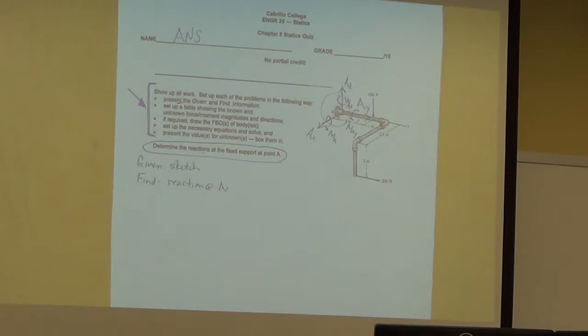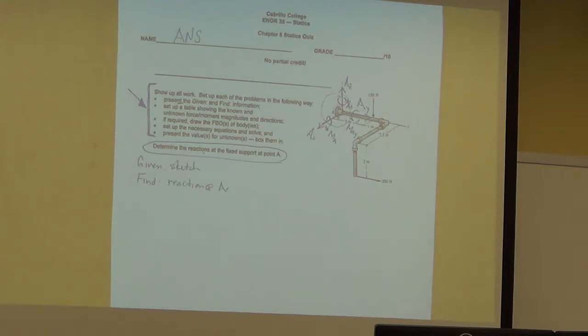Draw your free body diagrams huge so you can see it. Because when you refer to the free body diagram during an exam and you're a little rushed, if everything's squished into a small spot, you might not be able to clearly see it. So draw it big. Does AX, AY, and AZ look fine? Take a look at the moments. Do they all look like I drew them positive?